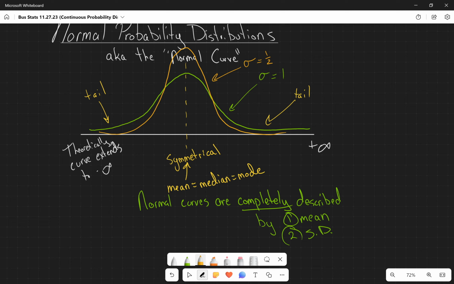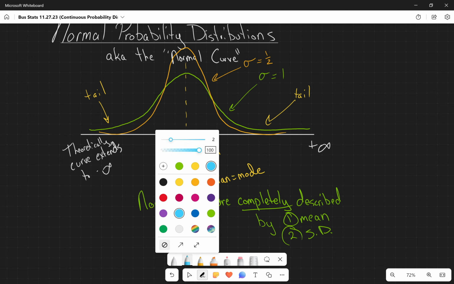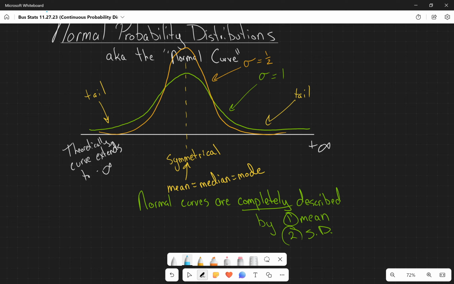So it's a tighter cluster to it. And then if we wanted to have fatter tails, well, fatter tails would look something like this. So fatter tails would have a variance of somewhere like 3.